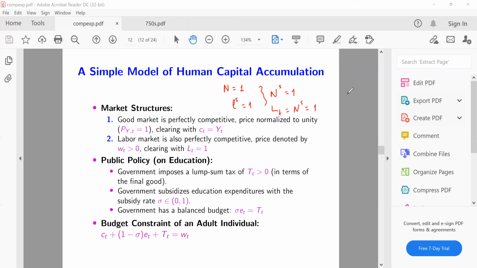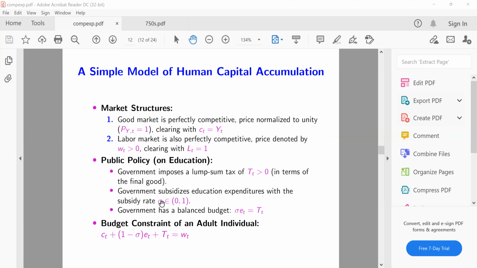Now, of course, here we are interested in public policy: how education should be financed. The idea is this: the government will impose a lump sum tax that may change in every period, which is TT, and then using that tax revenue, the government subsidizes education expenditures with a subsidy rate sigma.